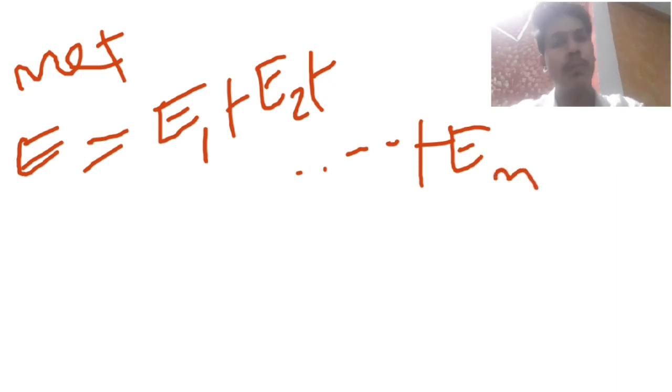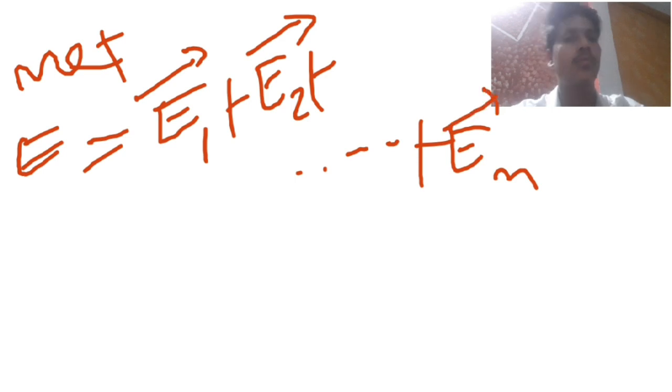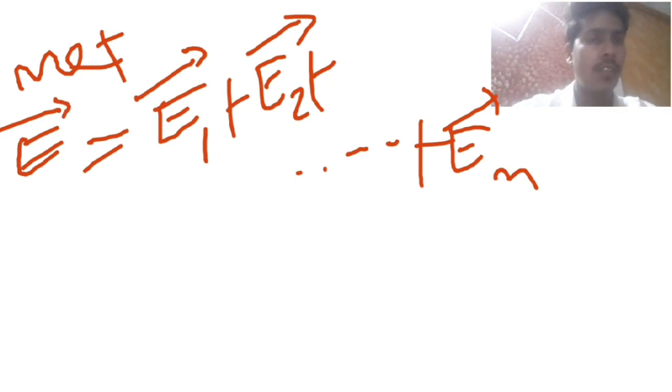We put the arrow sign because we take the electric field as a vector quantity, and vector sum means we also include direction in this addition.